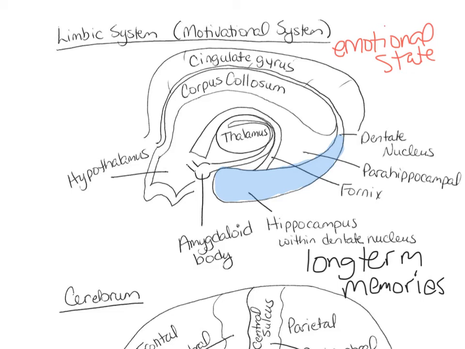Another area that I want you to know about is the amygdala, or the amygdaloid body. And we see that right here. I should have done a different color. Right there, that's the amygdaloid body, or the amygdala.